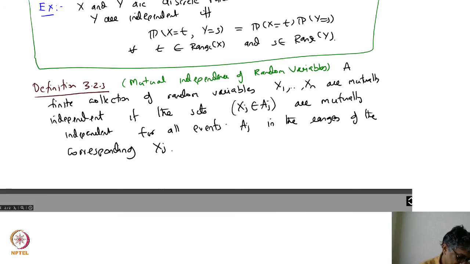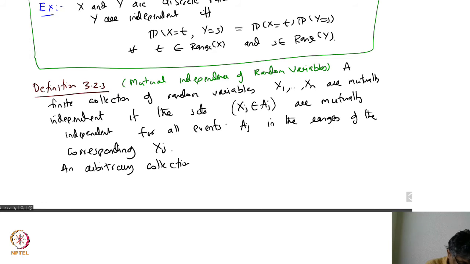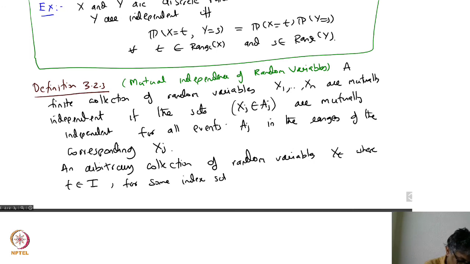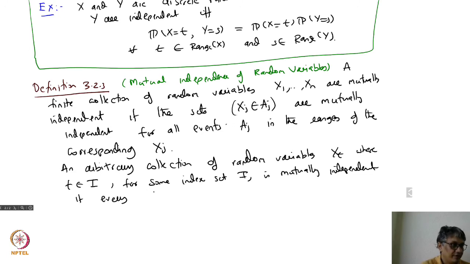And similarly, as in the events case, you can again write an arbitrary collection of random variables Xt, where t is in some index set I. This collection is mutually independent if every finite subcollection is mutually independent.